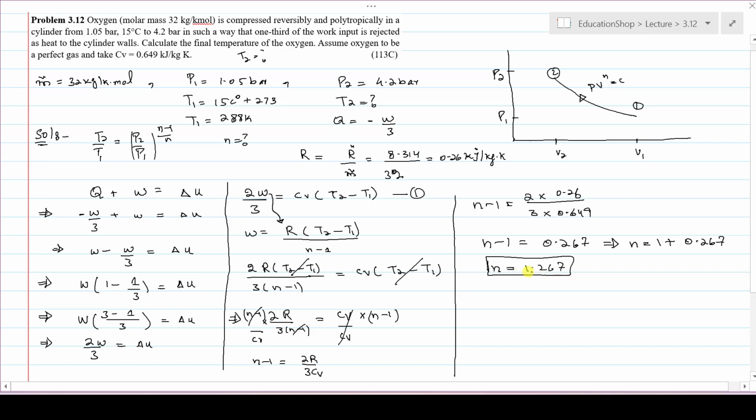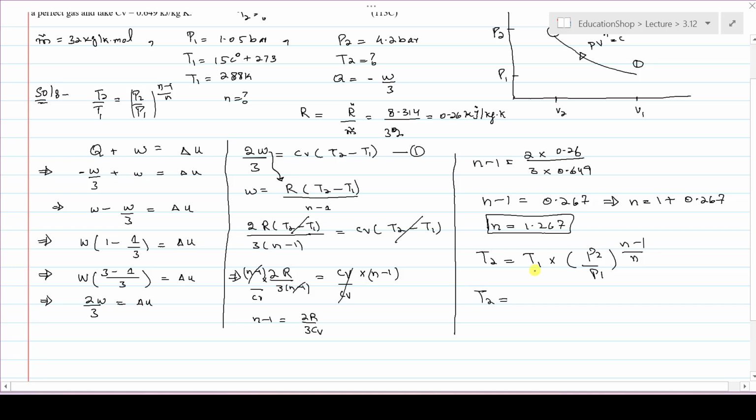Now just put this n value in the equation and you will get the value of T2. T2 is T1, that is 288 Kelvin, multiplied by P2, that is 4.2, over P1, to the power (1.267 minus 1) divided by 1.267.